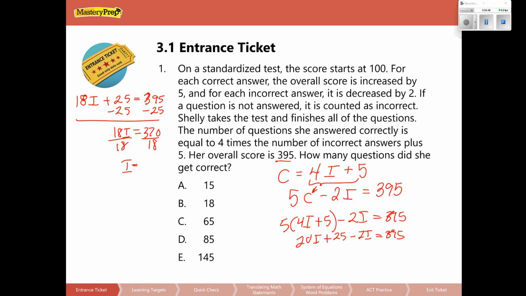Oh, because where did the test start at? So this here actually is supposed to have plus 100. So this should be 125, which would take it down to 270.